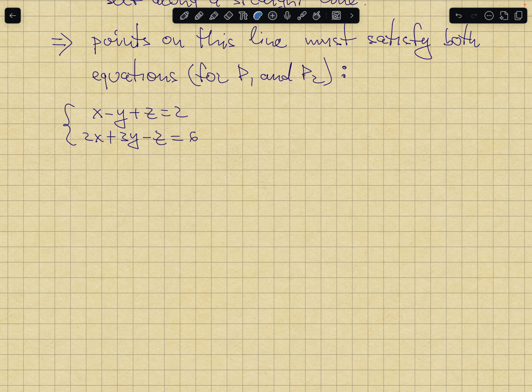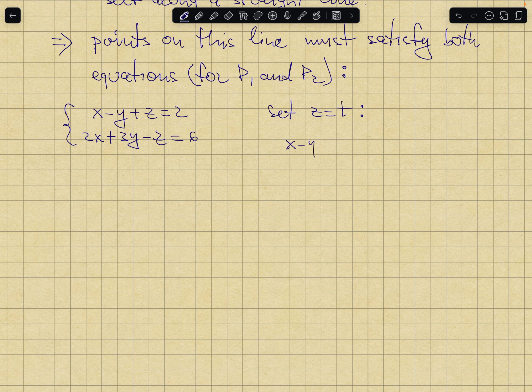Let's keep z fixed and then let's set z equal to t. If I set z equal to t, and I assume that t is something known, then I can rewrite my equations in the following way.